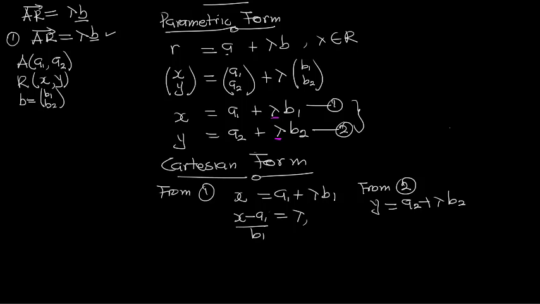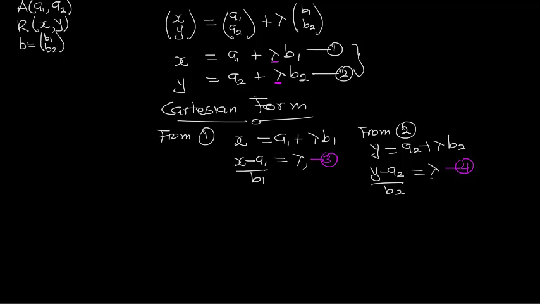From 2, we can say y minus a2 over b2 is equal to lambda. Let's label these equations as equation 3 and equation 4.